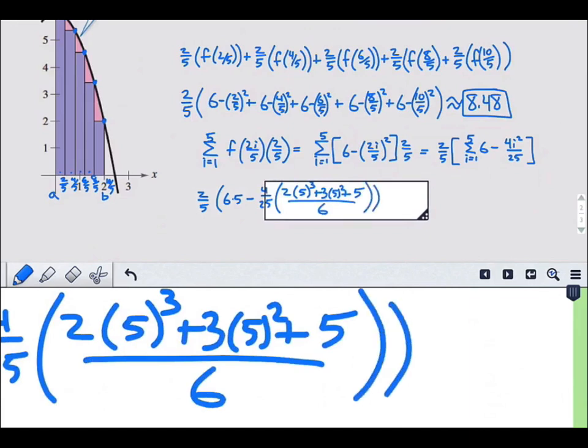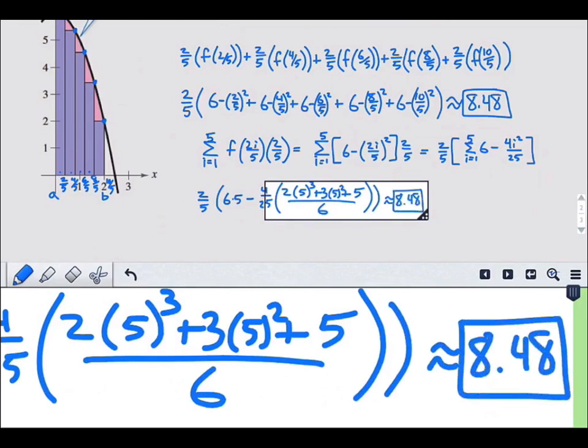And we could have used a calculator here, and we would have actually come up with the same answer of 8.48. So you can use either way you'd like there to approximate the sum of the area under the curve using those rectangles.